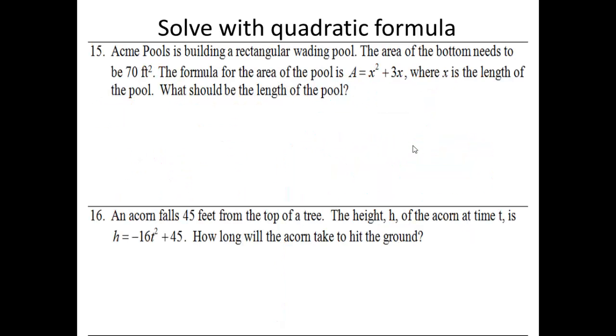All right, so now what we are going to do is take a quadratic equation and apply it to a somewhat real life example. Here we have Acme Pools is building a rectangular wading pool. The area of the bottom needs to be 70 feet squared.